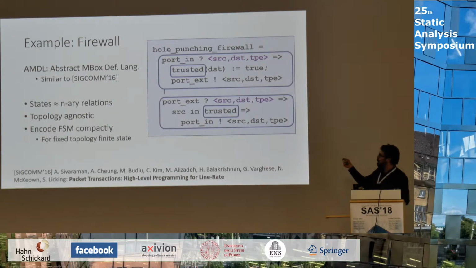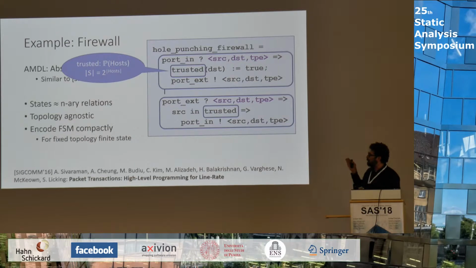The second event is a packet arriving from outside, from the internet, trying to get in. If the source of that packet is trusted, then the firewall will forward it. If it isn't trusted, then it does nothing, essentially dropping the packet. And as I've said, the number of states to represent this firewall is exponential in the number of hosts.